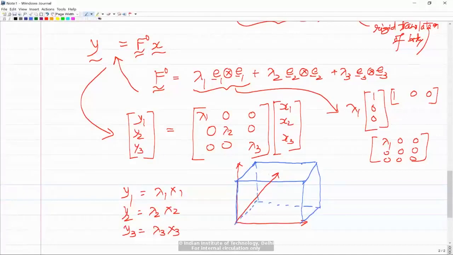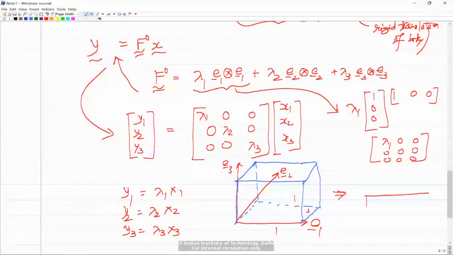And let us say this is E1, that's your E2, and this is your E3. So you can see that according to this map, let us say this is a cube, each side being 1 1 1, just to simplify. So after deformation, how will the cube look?